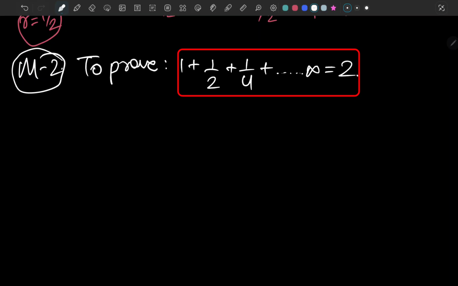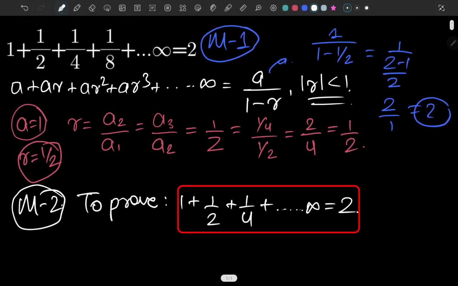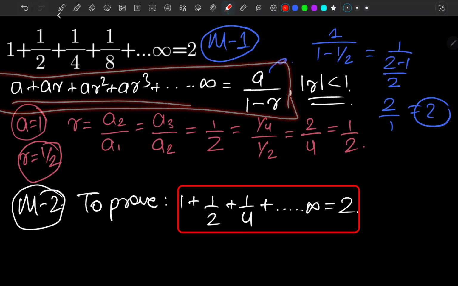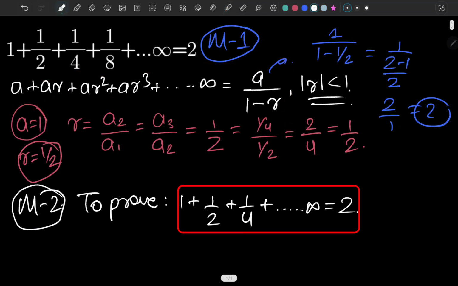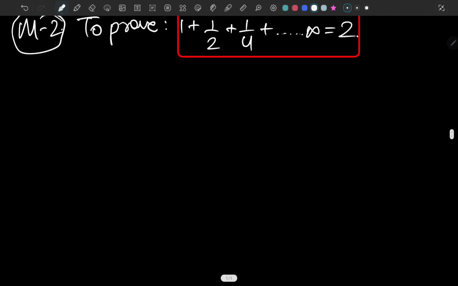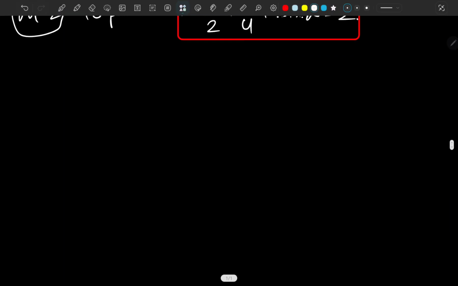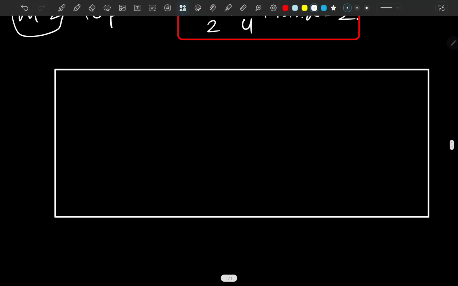We did prove it using this formula, and I have proved this formula as well, so we are not jumping over anything in this video. For this method 2, I'm going to construct a rectangle. For that I need to use this, and this is our rectangle here.